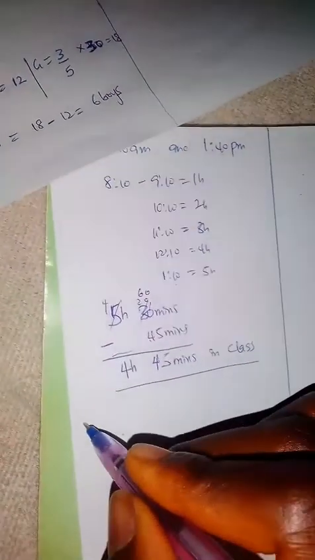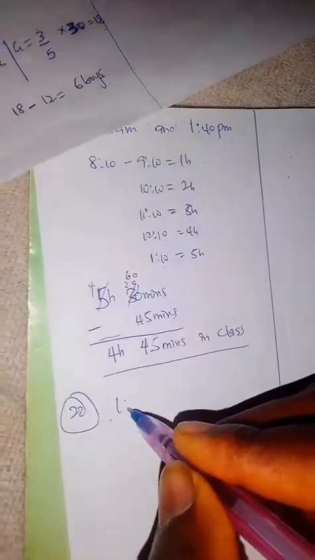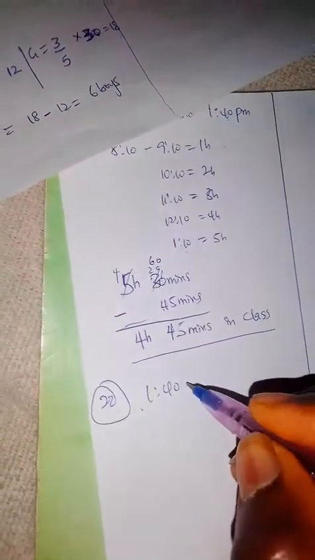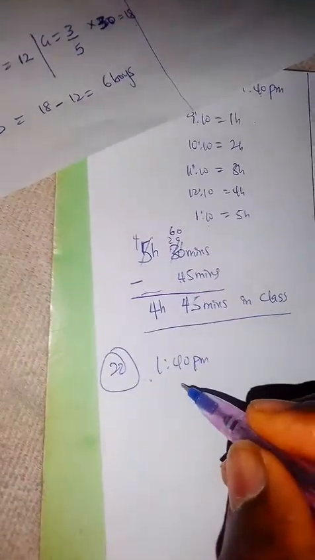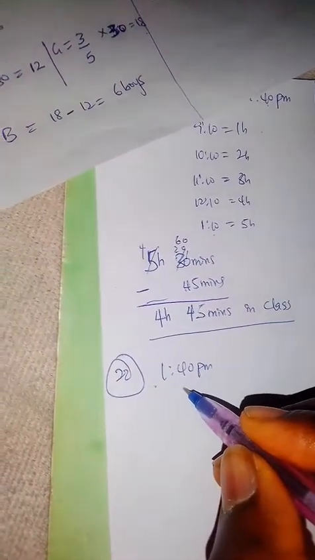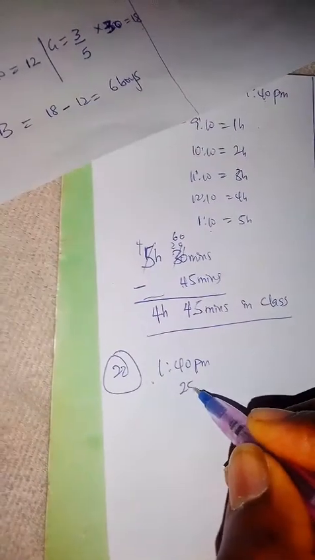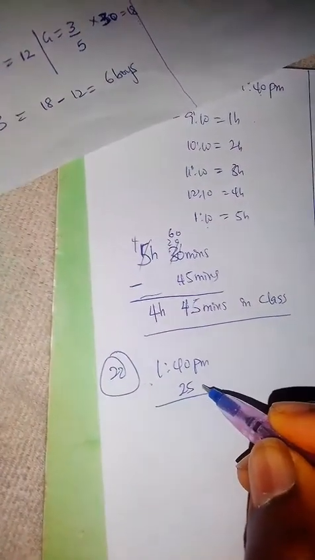So the 22 solution becomes 1:40 p.m. plus 25 minutes, which is spent to walk to the house.